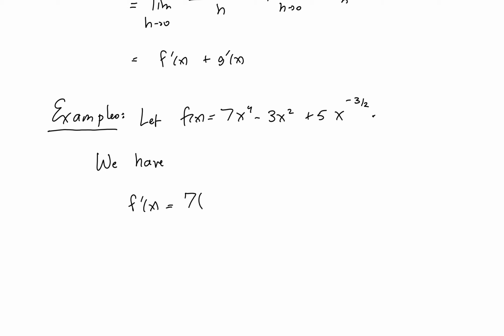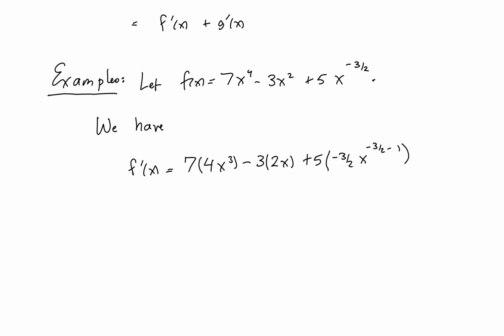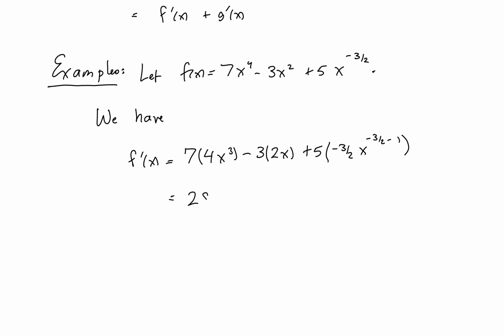The first one is going to be 7, and then the derivative of x to the fourth is 4x cubed, minus 3 times the derivative of x squared, which is 2x, plus 5. And now we bring down the 3 halves, and then we subtract 1 from the 3 halves. So this becomes 28x cubed minus 6x minus 15 halves, and then this will be x to the minus 5 halves.